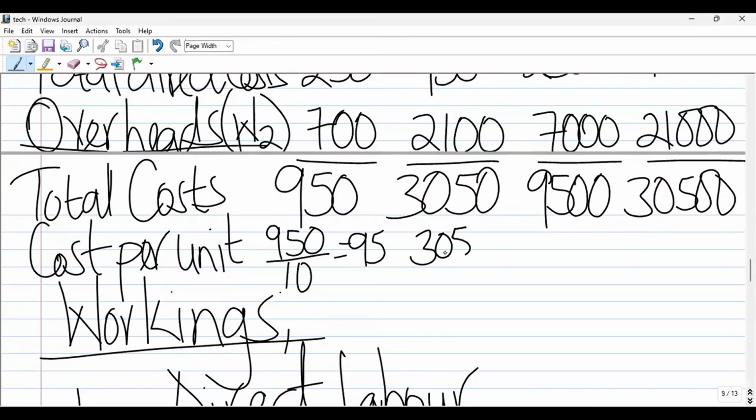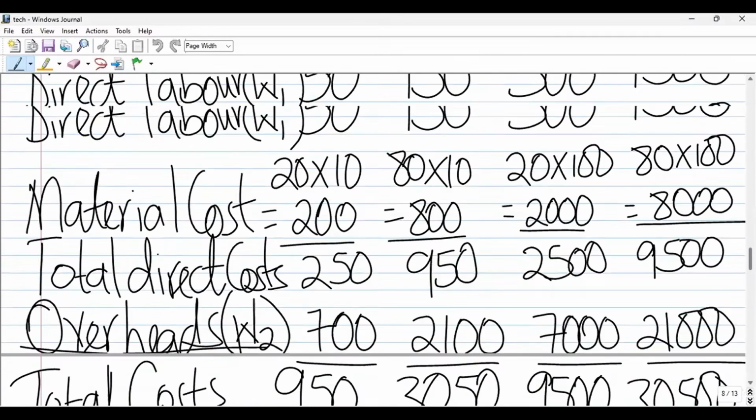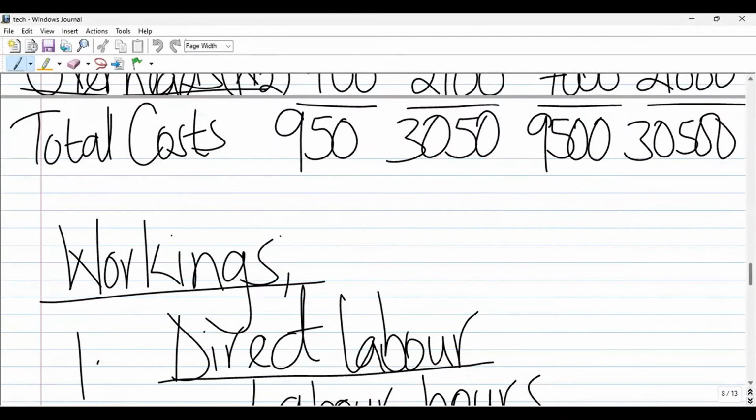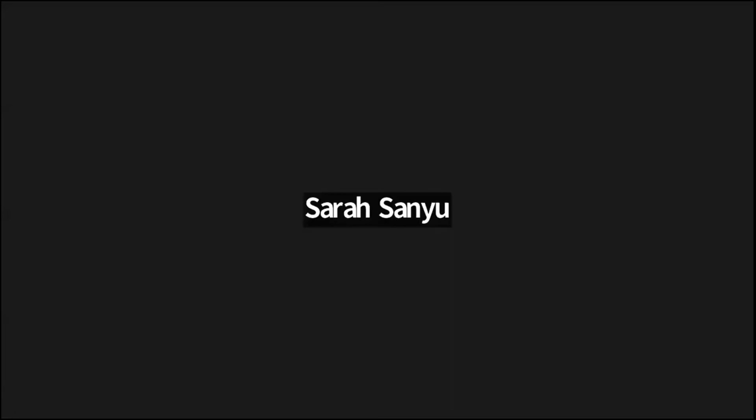Next, you have 3,050 divided by the units, 10, to give you 305. Next, you have 9,500. So compute the cost per unit. Cost per unit looks at the total cost over the number of units. If you want to compute cost per unit, you get the total cost divided by the units. The total cost, you've computed.